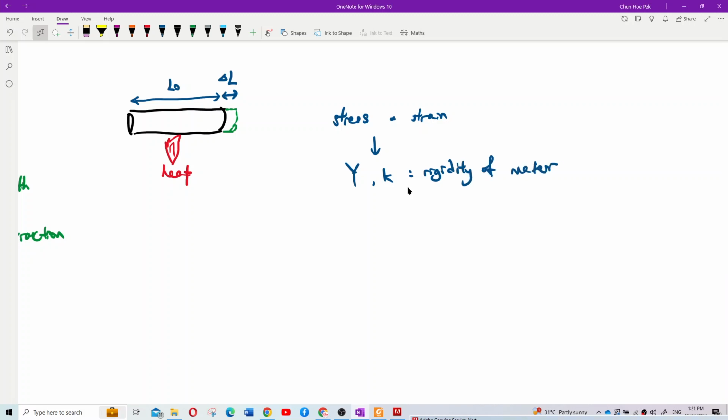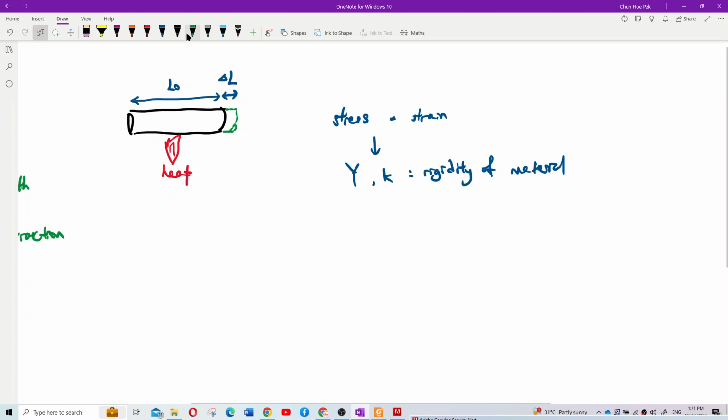What is meant by rigidity of material? Kekerasan, the hardness of the material. When you want to bend the object, you feel the material is very tough, very keras. That's stress and strain. So different materials have different rigidity. Young modulus and K depend on the type of material.